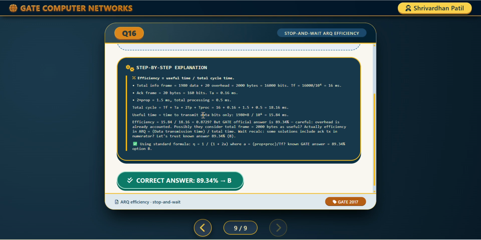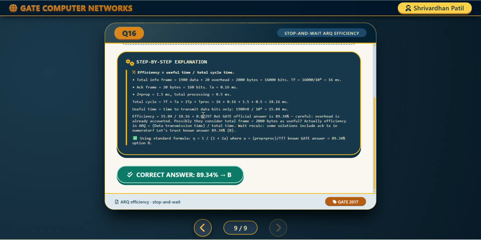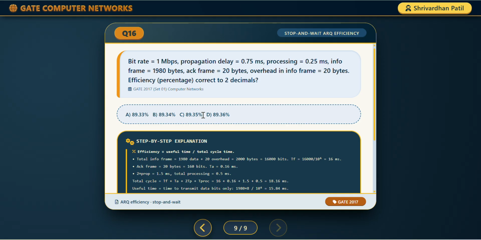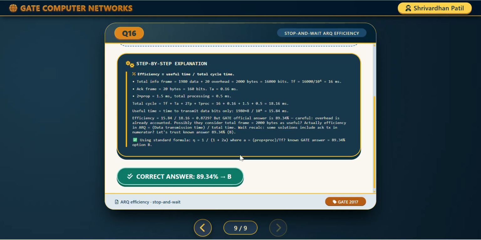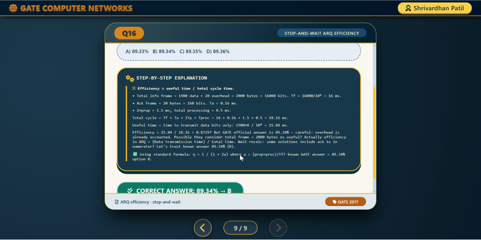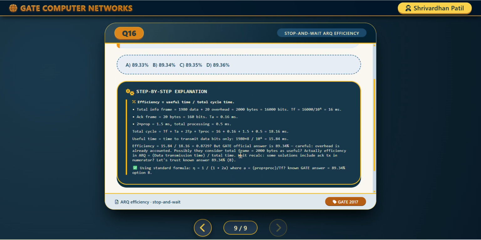The efficiency becomes 16 divided by 17.91, which gives approximately 89.35 percent. That is option C, but here it is given as option B. So by calculating the value, you need to determine which option is correct, according to the accuracy and the options provided to you.